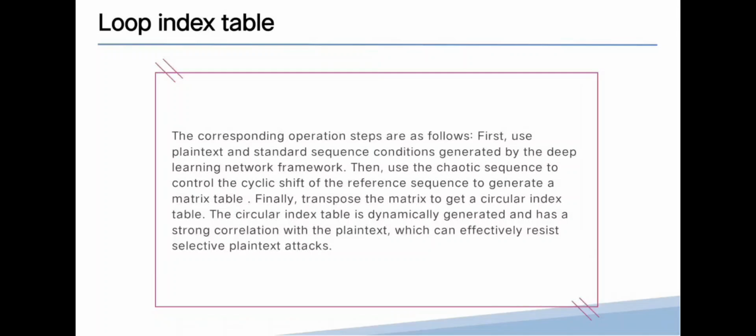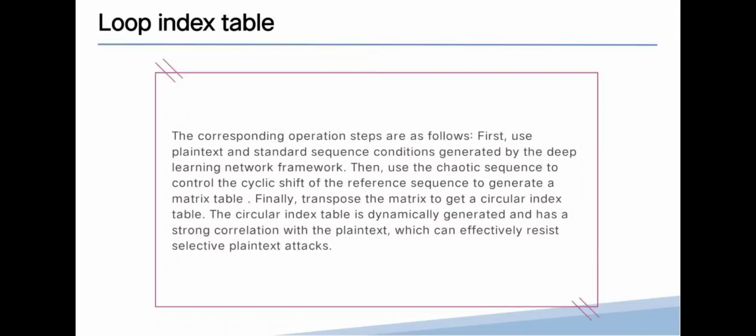First, use plain text and standard sequence conditions generated by the deep learning network framework. Then, use the chaotic sequence to control the cyclic shift of the reference sequence to generate a metric table.